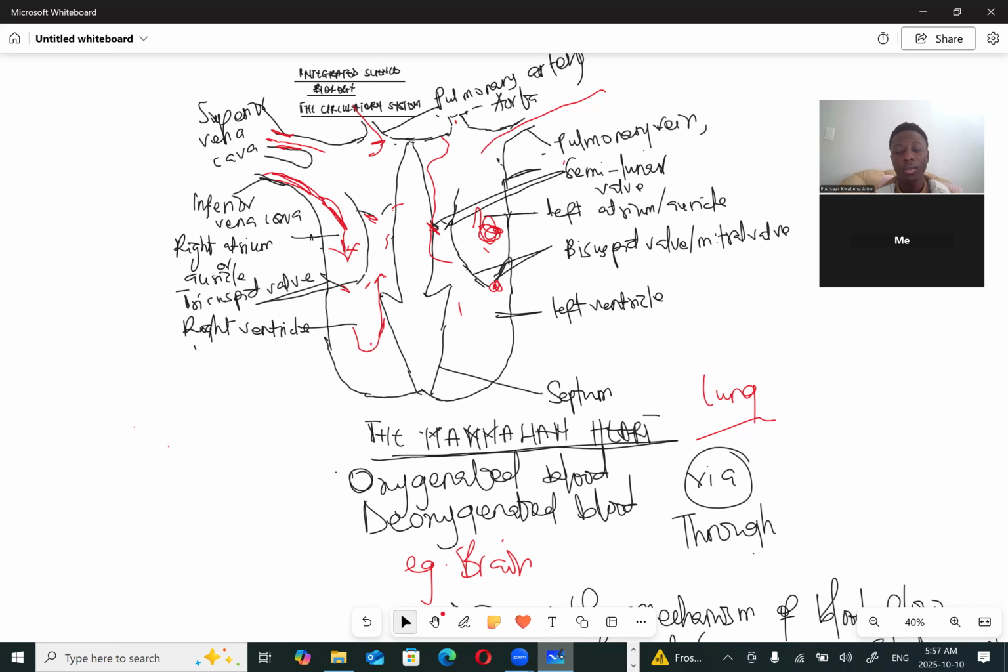What's the function of the right ventricle? It receives deoxygenated blood from the vena cava. Really? Again.